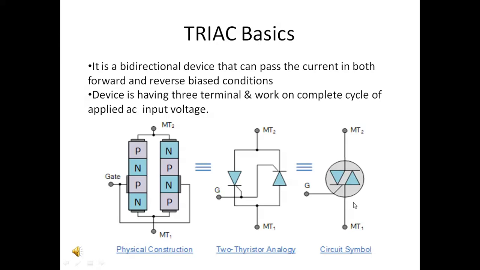The main basic function of TRIAC is that it is used for AC controlled devices. It can be used only for AC controlled devices, and it can conduct in both directions of an alternating current.